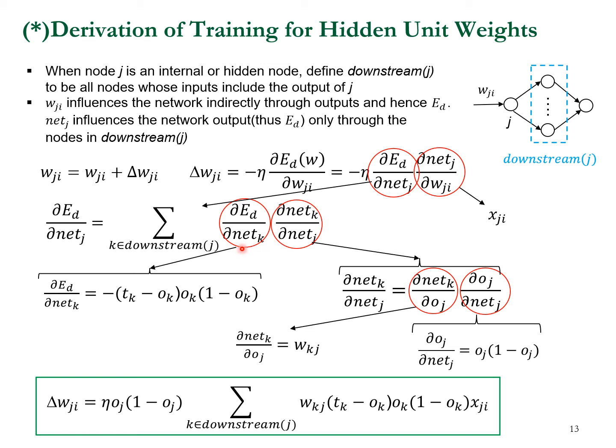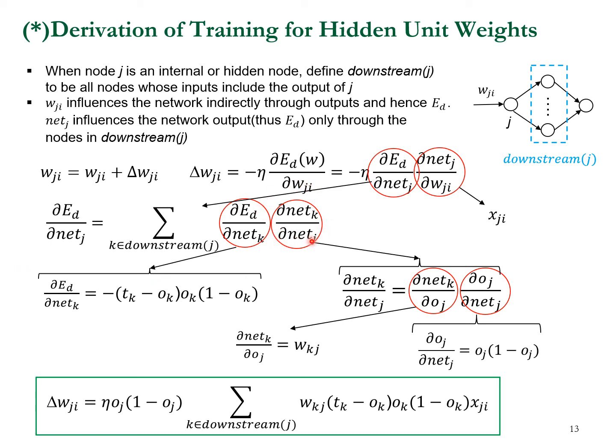This one is already computed in the previous slide, when we computed the weight update rule for the output unit node. So we use that result here.